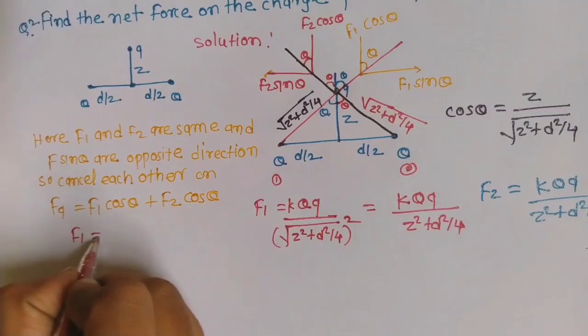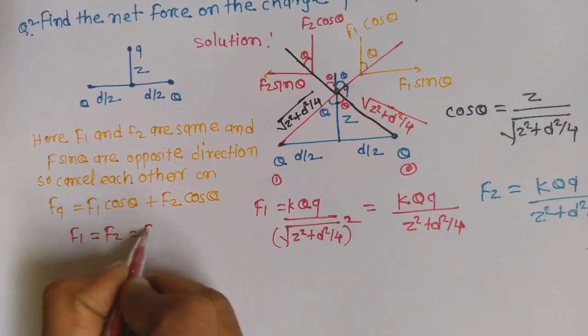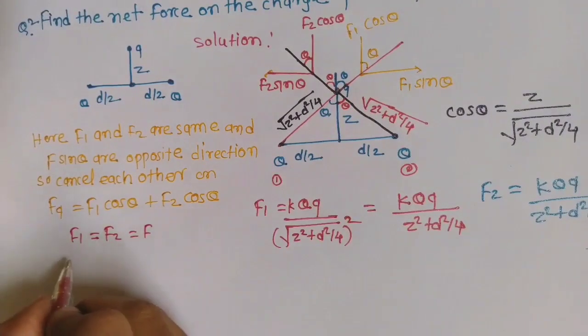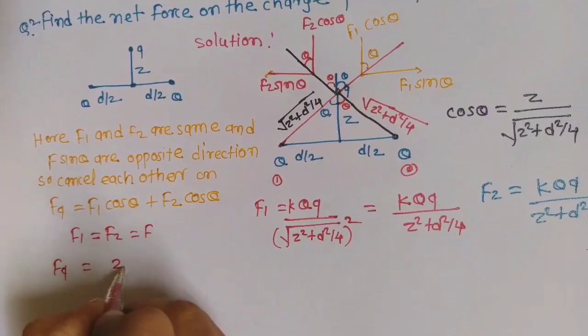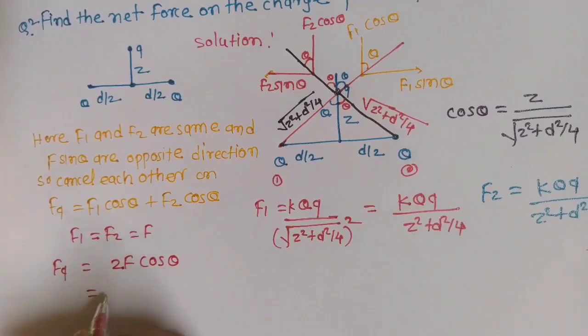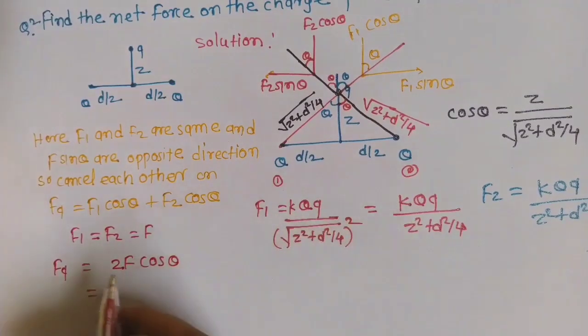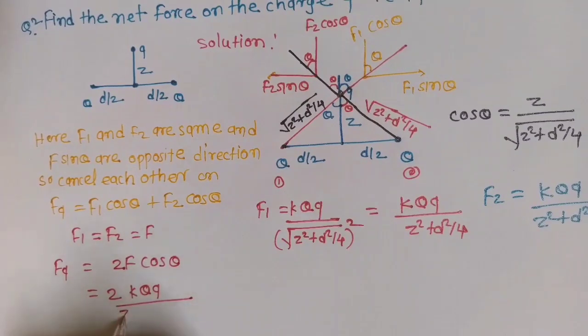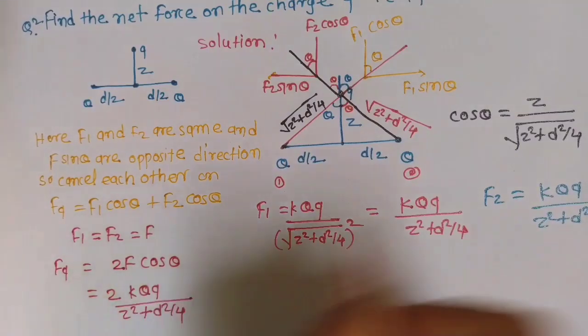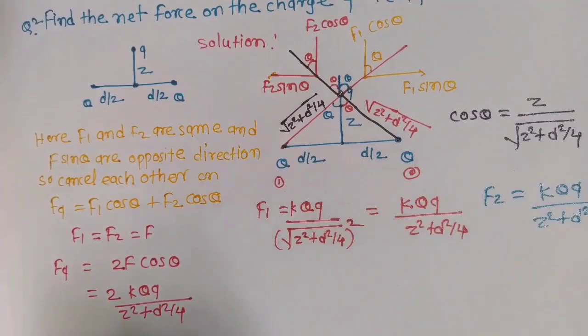F1 is equal to F2 is equal to F. Therefore, we can write it as F_Q is equal to twice F cos theta. And what is the value of F? It is K Q Q upon z square plus d square by 4. And what is the value of cos theta?